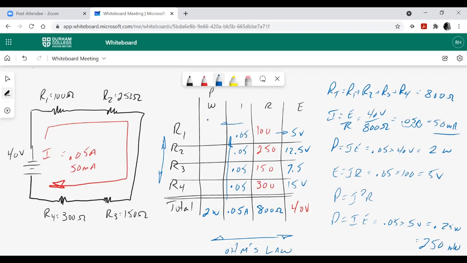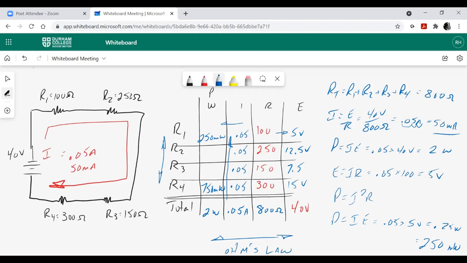I'm going to write these in here because this is our last place to do it. So 250 milliwatts. I knew that R4 was going to be 3 times higher than R1, so that'll be 750 milliwatts.